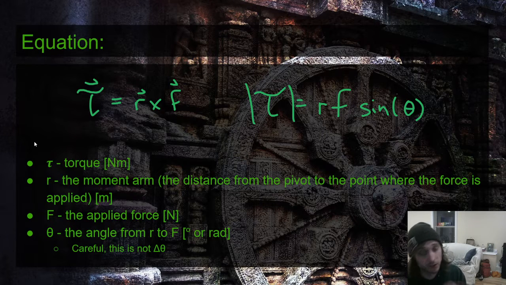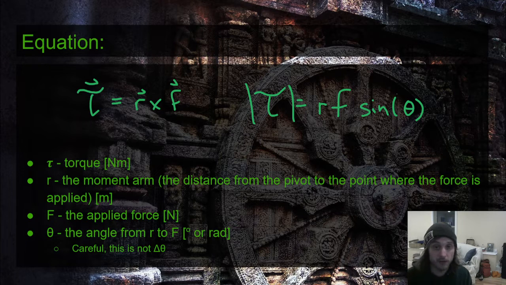So the equation for this is that your torque is going to be equal to R cross F. What R cross F means is that you take the R and multiply by the cross product of the force. The size of that vector, so that's what the two absolute value symbols there mean, is going to be such that if you multiply R, the distance away from the pivot, the moment arm, times F, the size of the force, times sine theta, where theta is the angle between R and F. You have to be really careful about that.